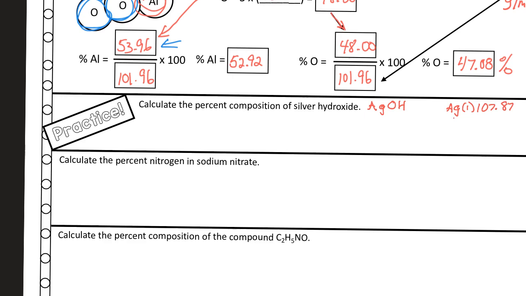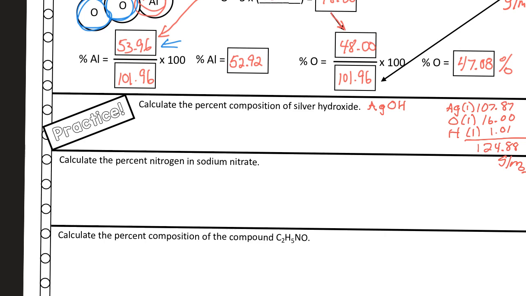And we have 1 oxygen, 16.00, 1 hydrogen, 1.01. Get my total. My total is going to be 124.88 grams per mole. Grams per mole.